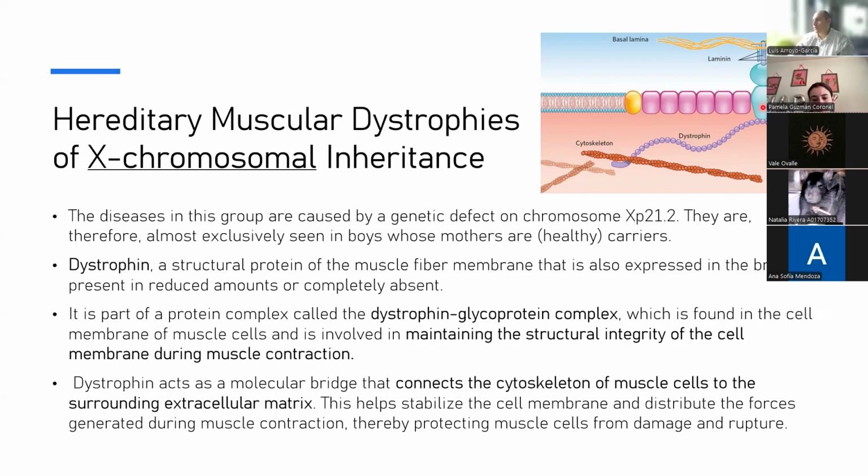I find it very impressive how our body works in general, with these small things that maintain the integrity of what we need to move. And of course, when you mess up this protein, you have fatal consequences.